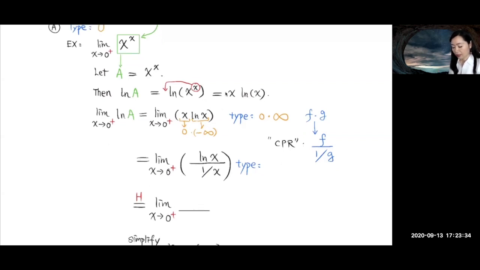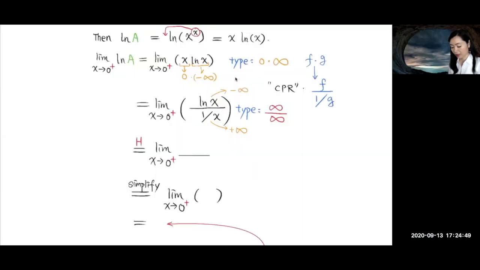Now let's see what type this limit is. Ln of x goes to negative infinity. 1 over x goes to positive infinity, and we call this the infinity over infinity type. This infinity over infinity type is one of the two emergency types where you apply L'Hopital's rule directly.